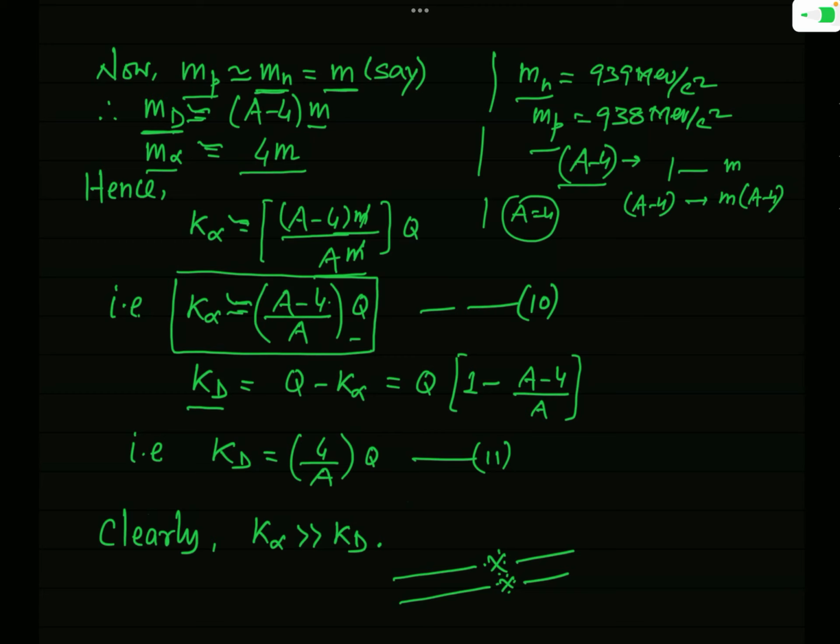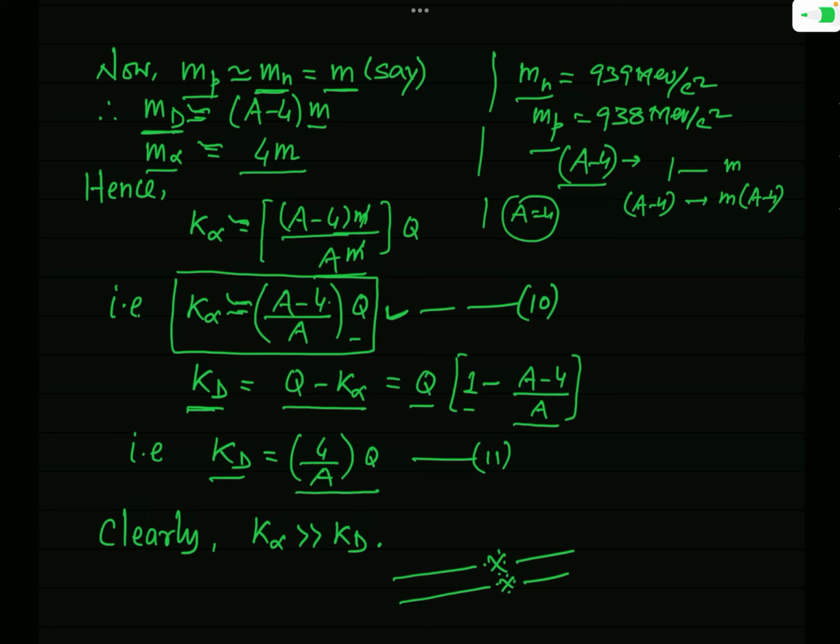Since K_d plus K_alpha is Q, you can write K_d equal to Q minus K_alpha. We simply subtract the value of K_alpha from Q. Taking Q as a common factor, this will be 1 minus (A minus 4) over A. Taking LCM, you can see K_d will be equal to 4 over A times Q.